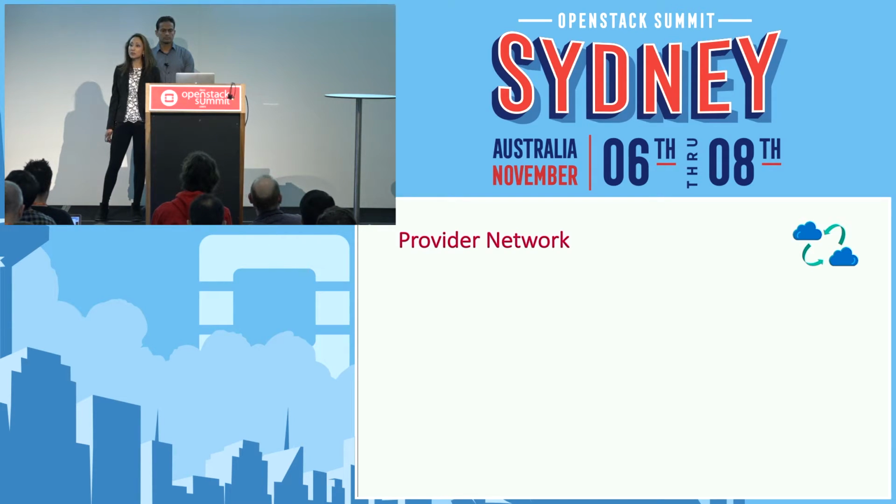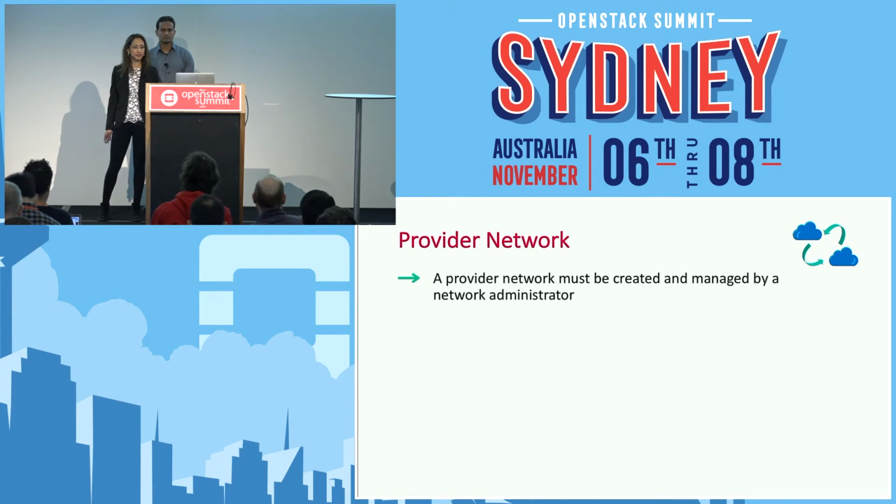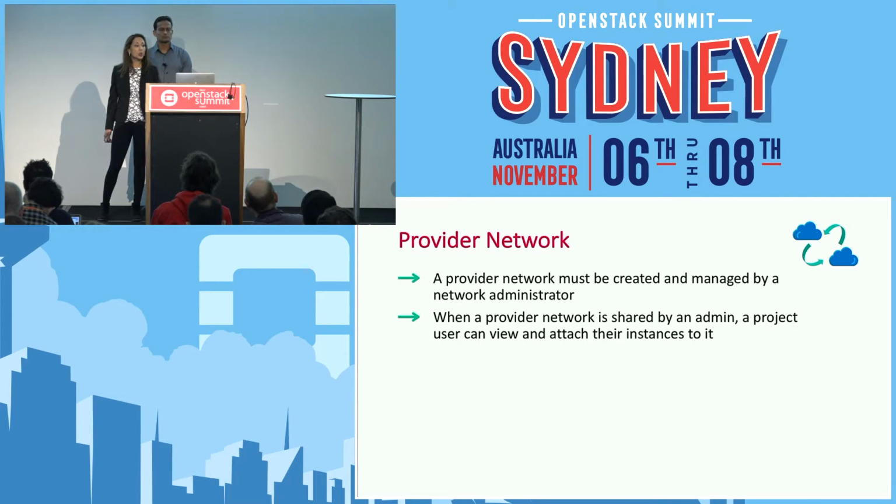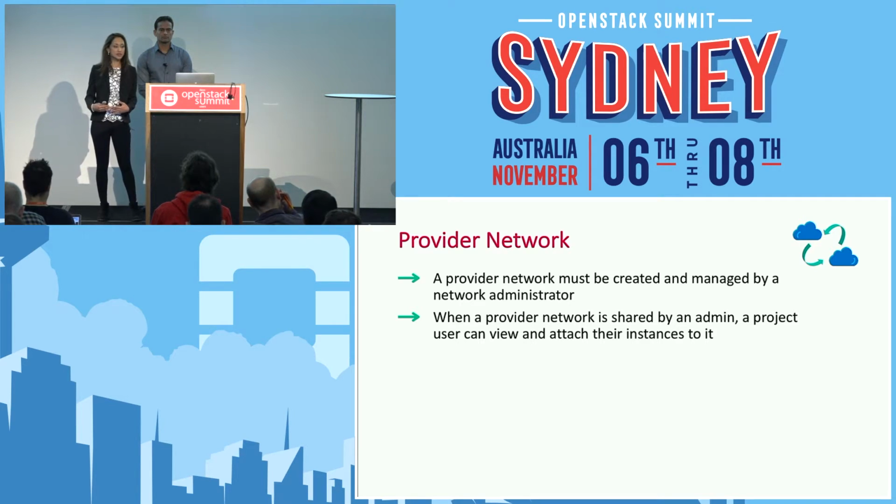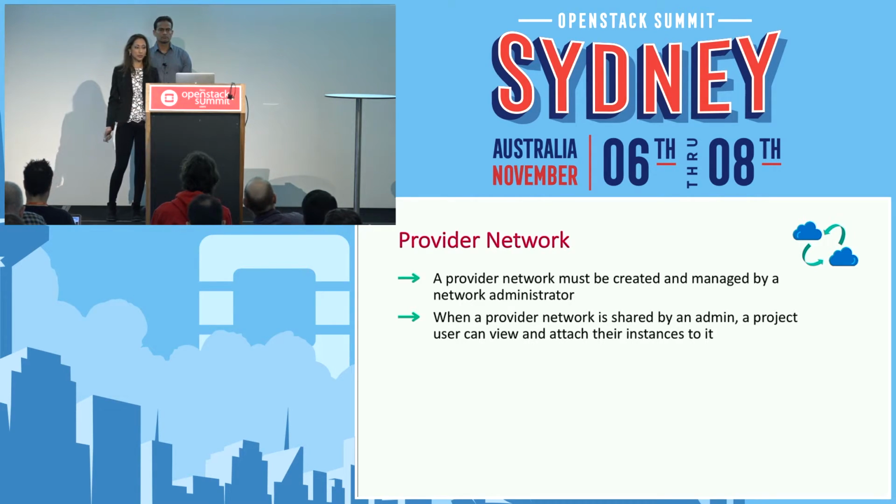So what is a provider network? A provider network, as opposed to a project network, must be created and managed by a network administrator. When a provider network is shared by an administrator, a project user can then go ahead and attach their own instances to it and can view that network.